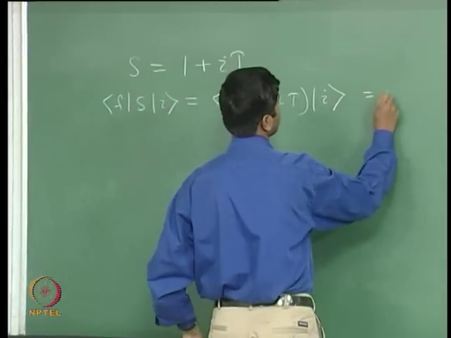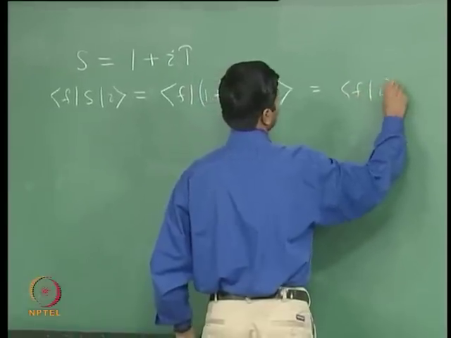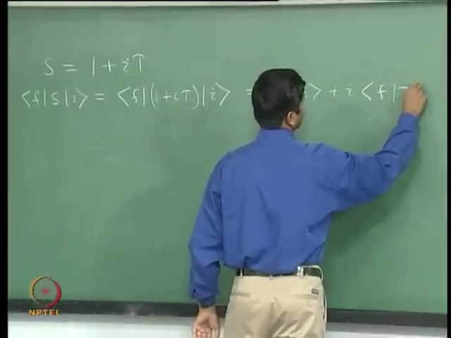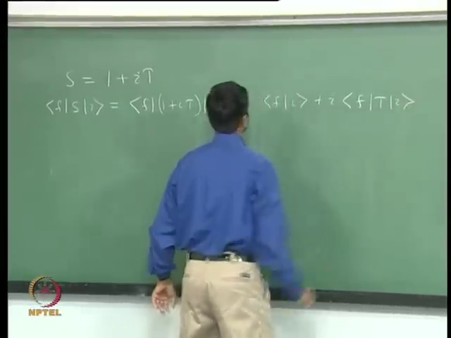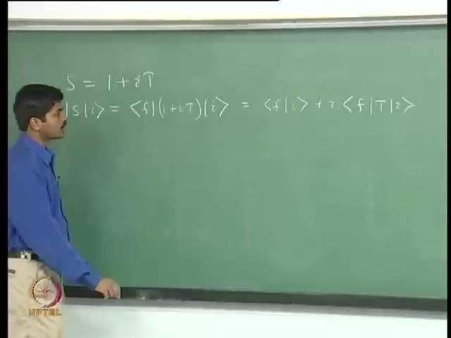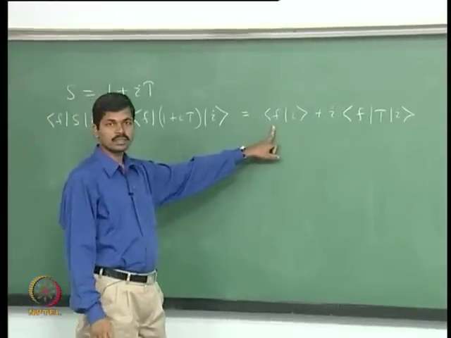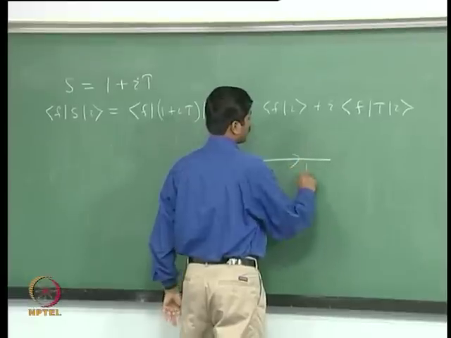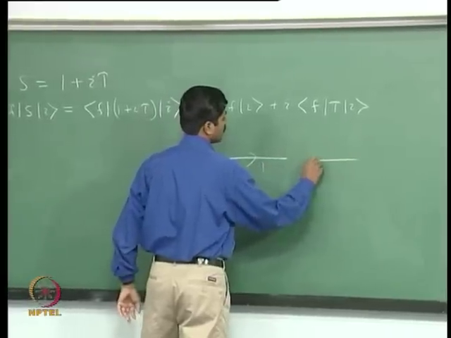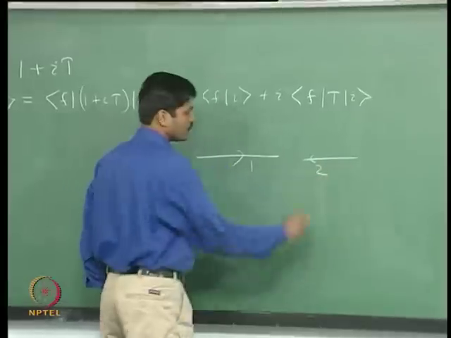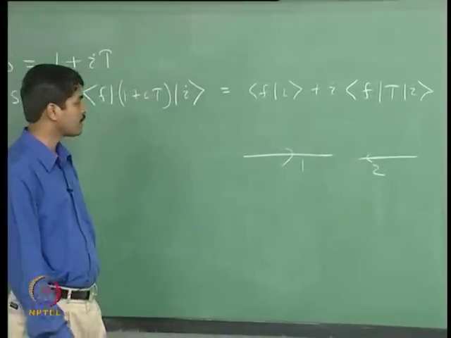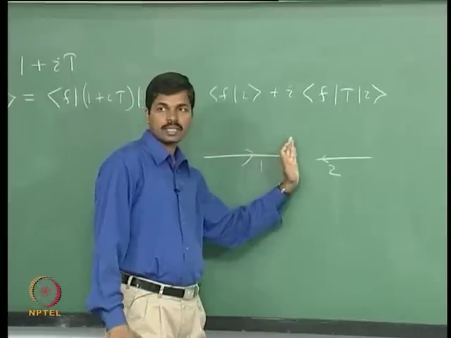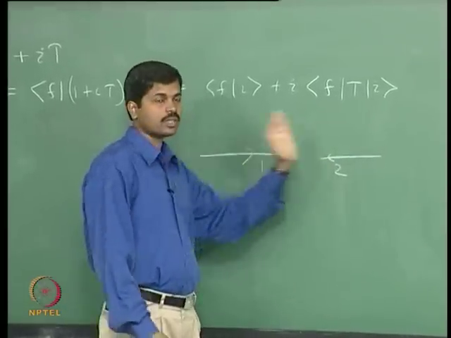This term basically says that there is a finite probability that, so you consider particle 1 incident on particle 2, on some target, there is a finite probability that these particles do not interact at all, they just go without interacting.